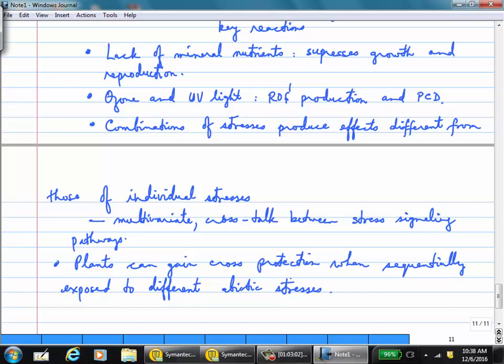And this is because of crosstalk. Like you might have treated the plant for heat or something else, and then you find that you're getting a better response for some other stress that you did not expose it to. That is also observed, and that's because there is crosstalk between these different pathways.